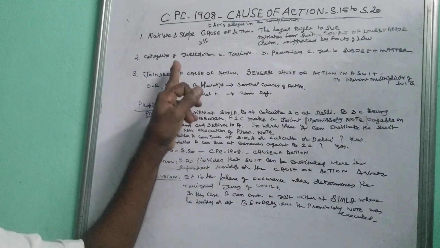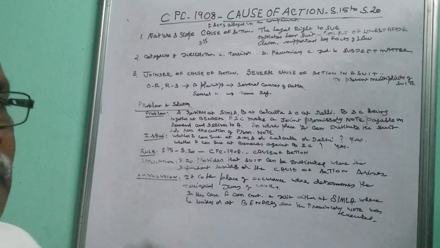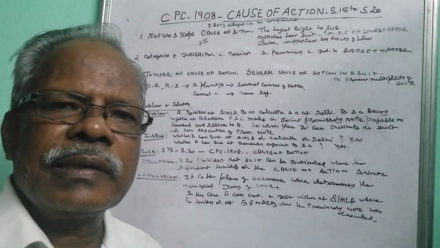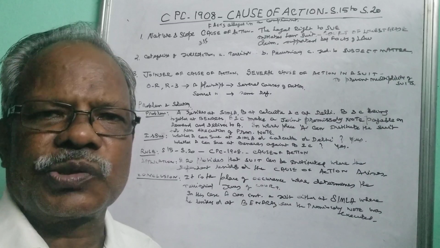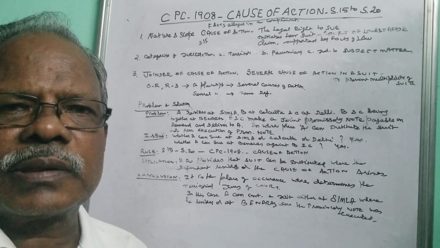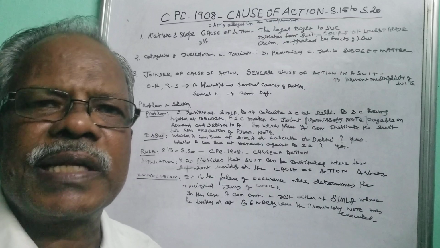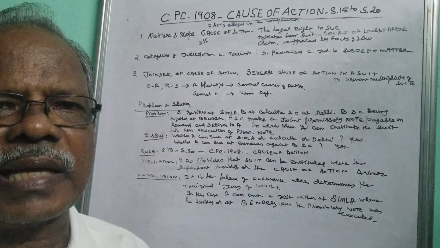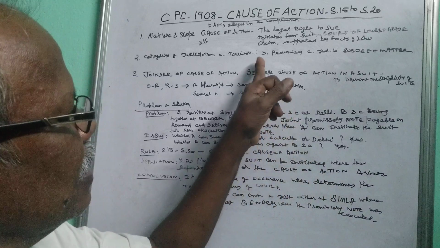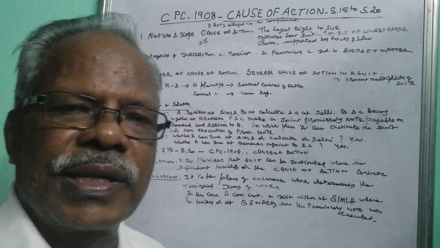Then categories of jurisdiction. There are appropriate places for initiating the suit, which is otherwise called the jurisdiction of the court. In jurisdiction there are 3 types. One is territorial jurisdiction.